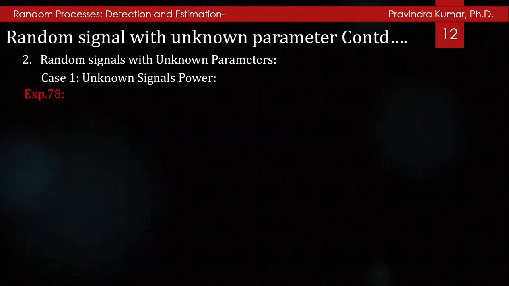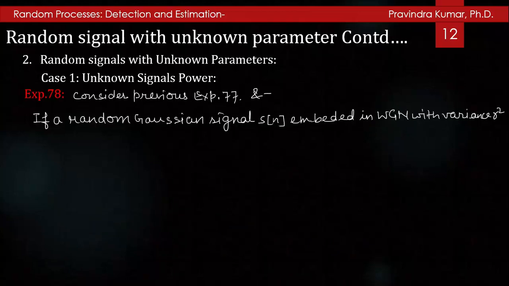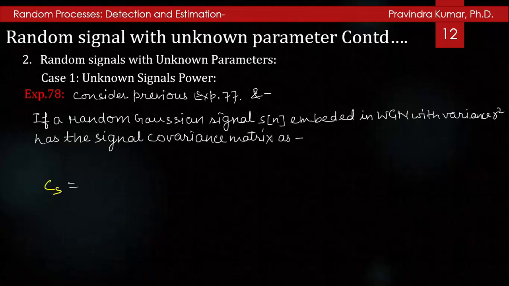So in the first case, let us take one example. Consider the previous example, where a random Gaussian signal Sn is embedded in white Gaussian noise with variance sigma square. Then it has the signal covariance matrix Cs equal to RSS0, RSS1, RSS1, RSS0.